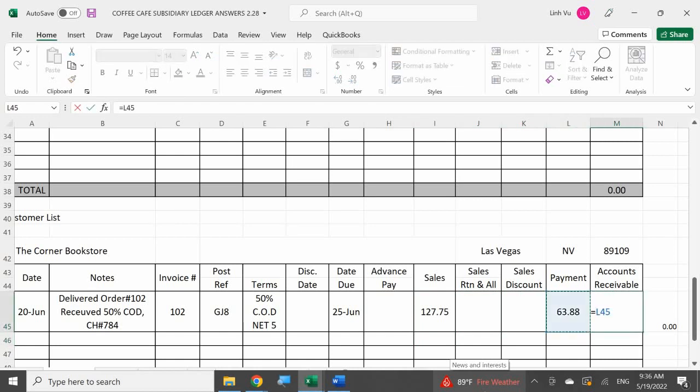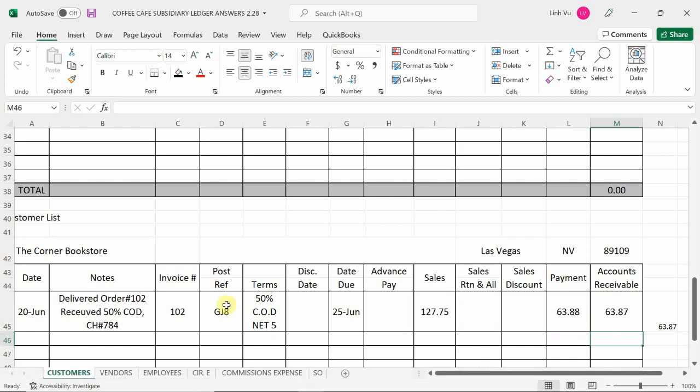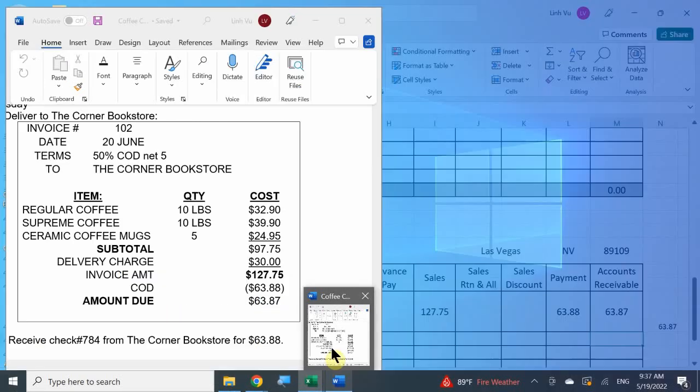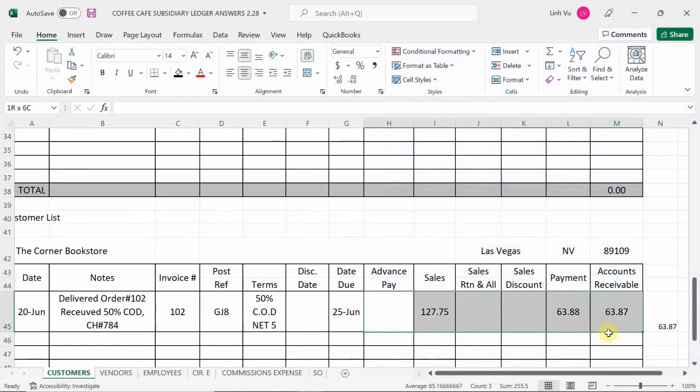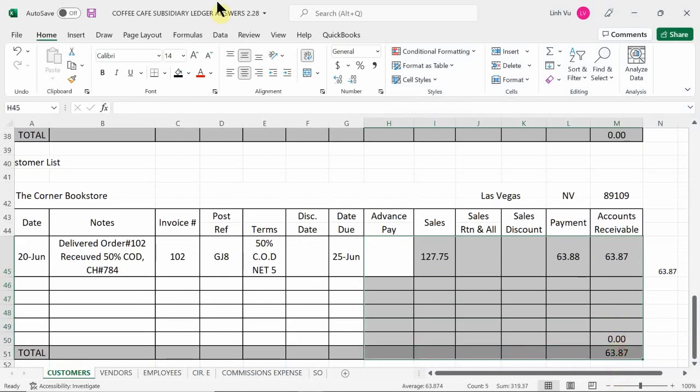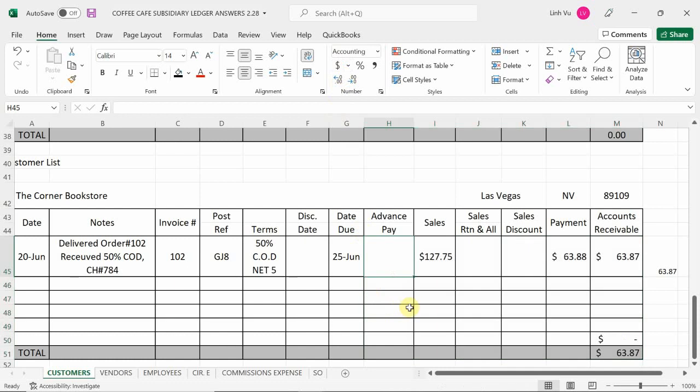So therefore, if I run my formula, right, sales minus advance payments minus returns minus discounts minus payments, should tell me that the corner bookstore owes me $63.87, which is exactly written on the invoice. Okay? They owe me $63.87 on an account. Okay.